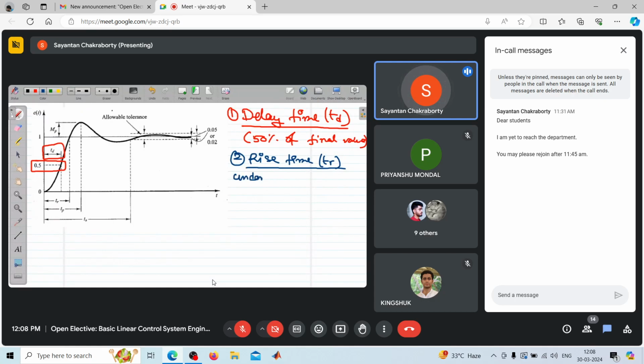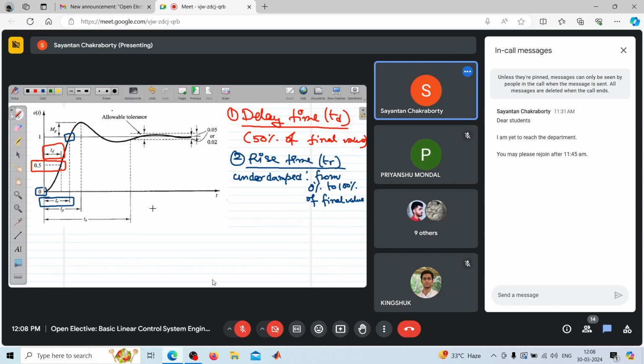Since we are dealing with the underdamped case, this is defined from 0% to 100% of the final value. That means the time between this and 100% over there. So this is your rise time.